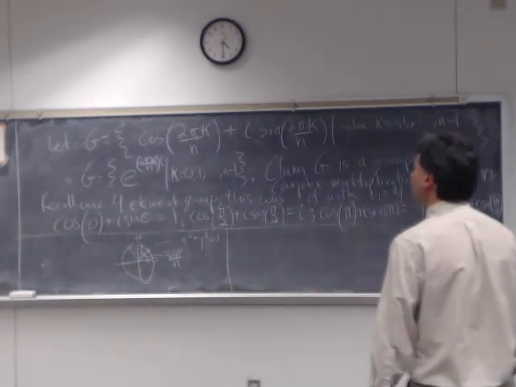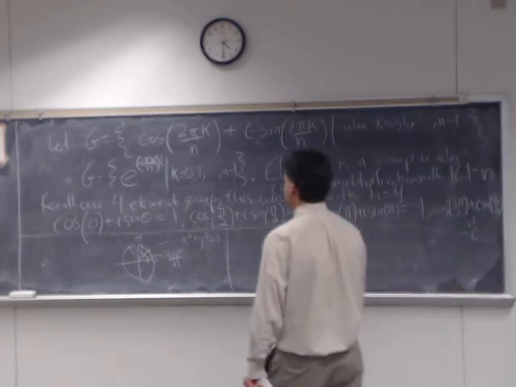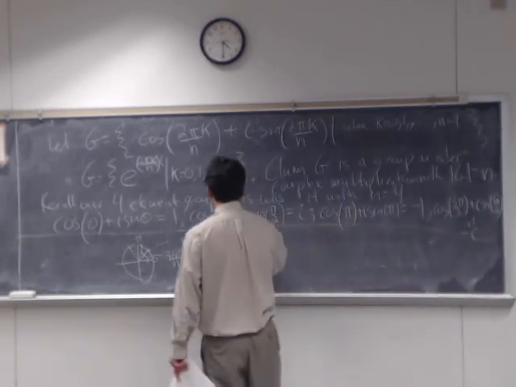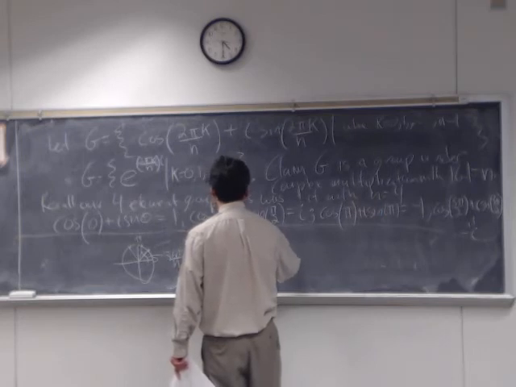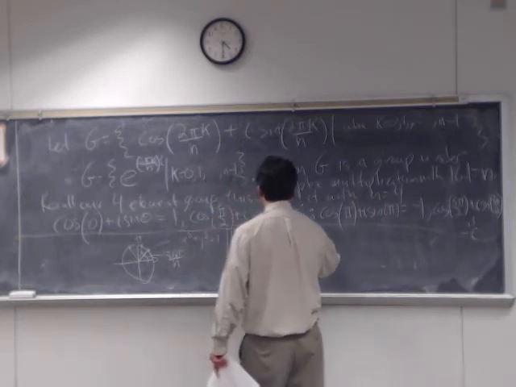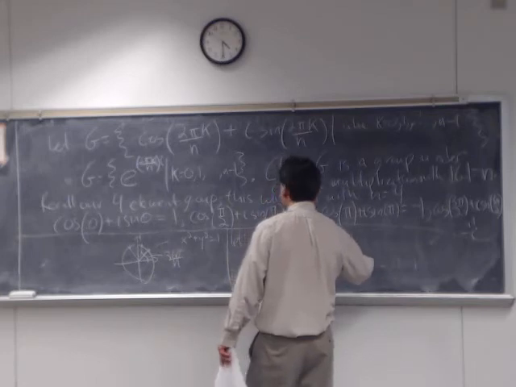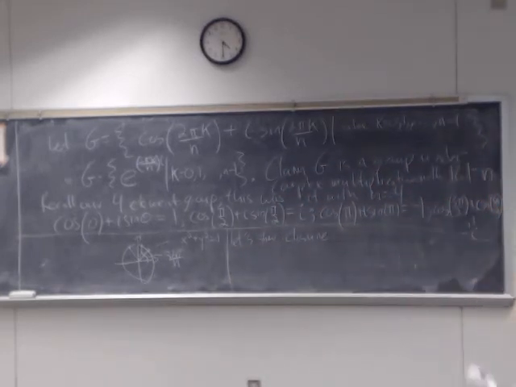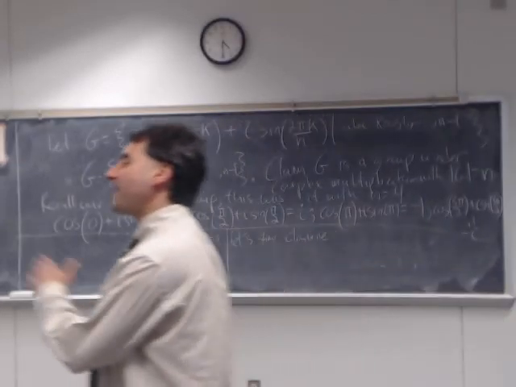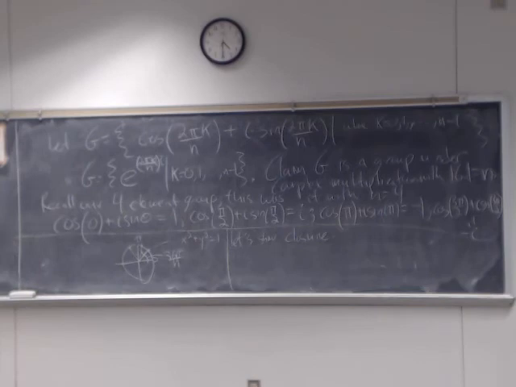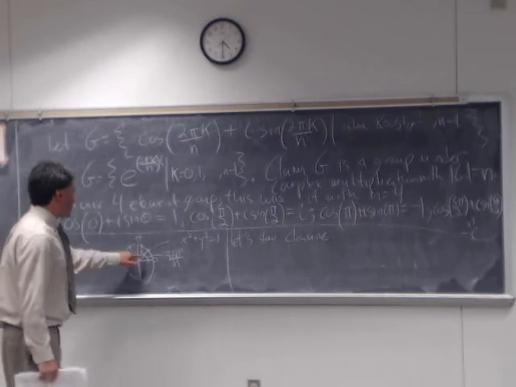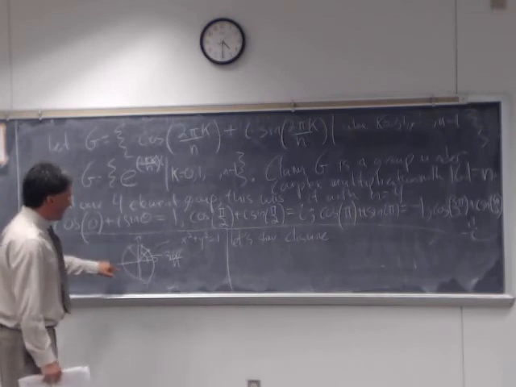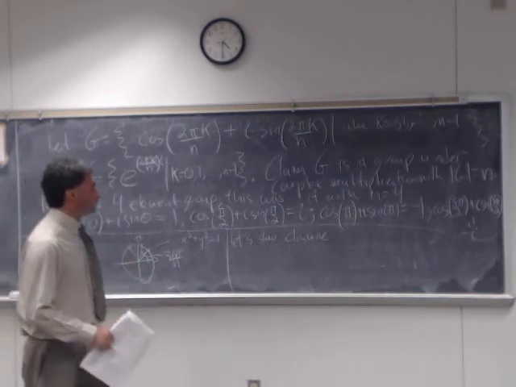So let's try to show closure. Again, the way you multiply complex numbers, remember, we've seen that's the same as adding the angles. So if you think about how any two of these add, if we just add the amounts, we get another one.